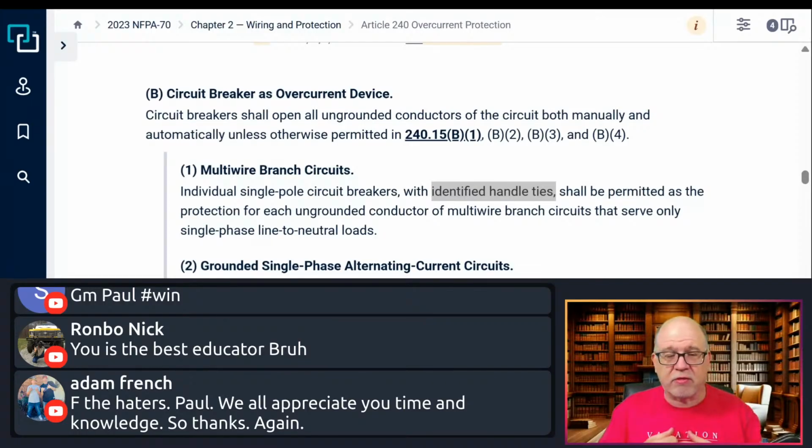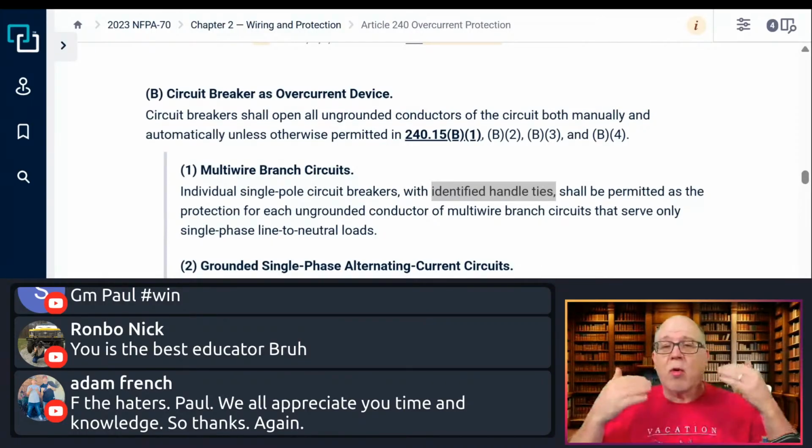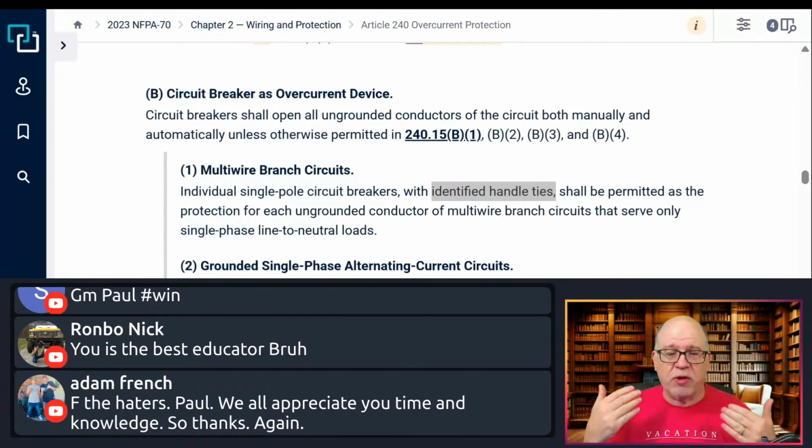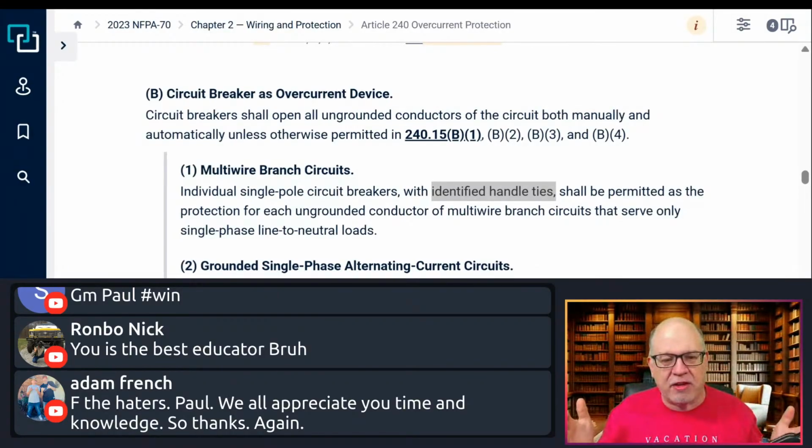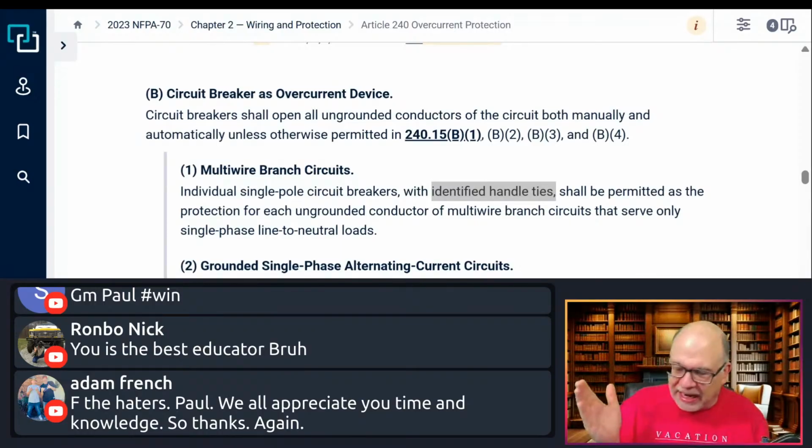We had walkie-talkies as well as our cell phones. I was always available because I did not want them to feel the pressure that they had to do something. Now, a lot of them had to make decisions. I wasn't working all the time. But at the end of the day, certain things are easy. Identified handle tie is easy. A piece of wire, a screw, a nail, that's the no-brainer. It's not identified.